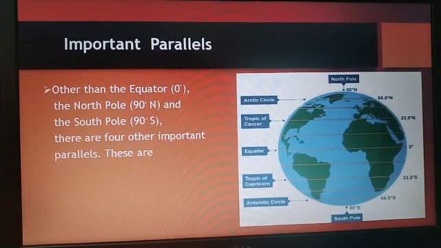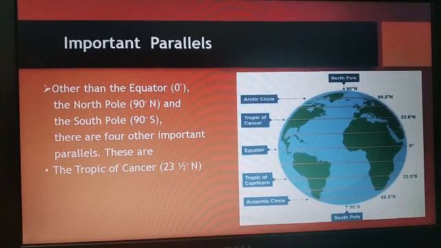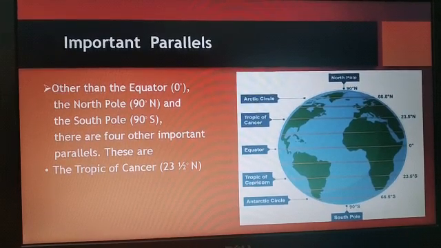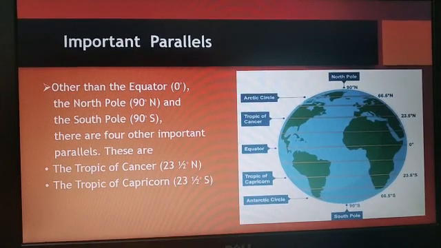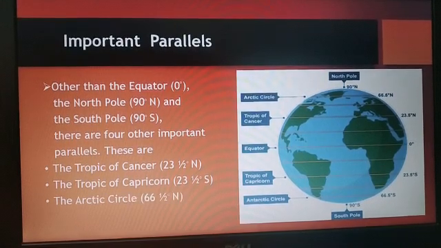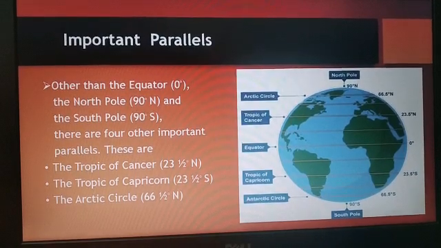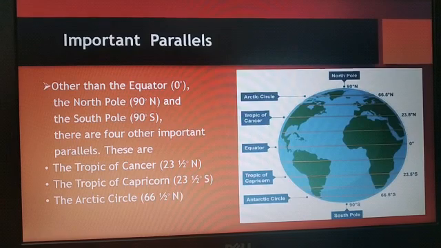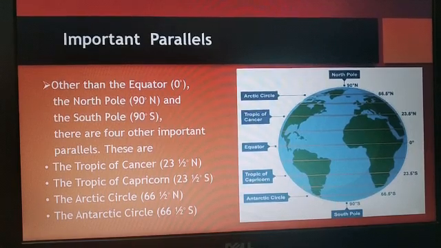These are the Tropic of Cancer, that is 23.5 degree north, the Tropic of Capricorn 23.5 degree south, the Arctic Circle, that is 66.5 degree in the northern hemisphere, and the Antarctic Circle 66.5 degree in the southern hemisphere.